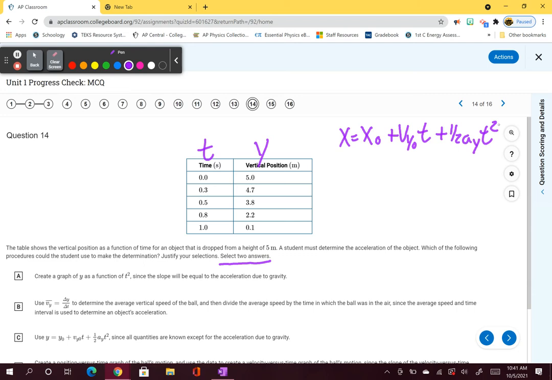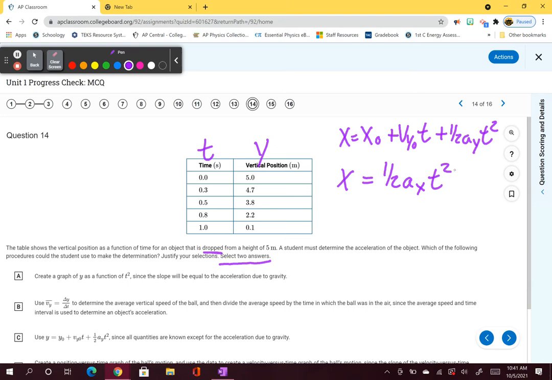So if we make your initial 0, and it says it's dropped, the object is dropped from a height, so it's just dropped. So we know that your initial is 0. So you end up getting x equals 1/2 a t squared.